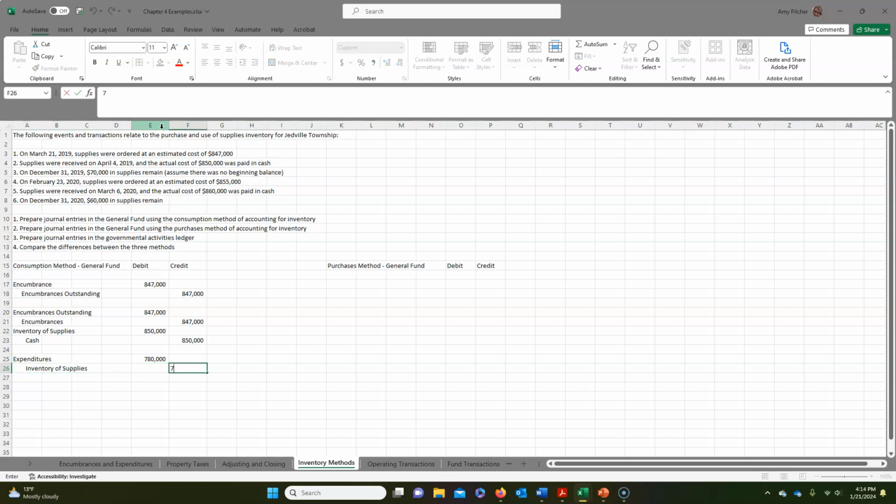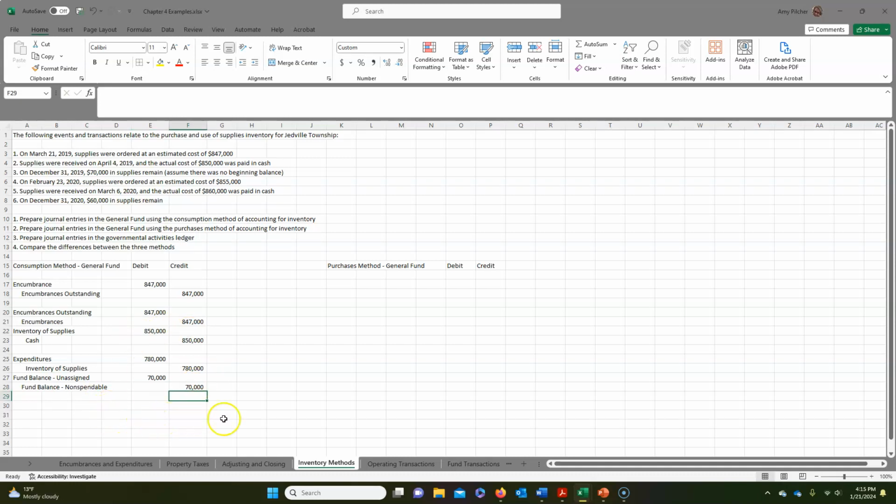So since we have $70,000 remaining of that $850,000, our supplies expense was $780,000. So now we have fund balance unassigned for a debit and fund balance non-spendable. So non-spendable because it's not cash, we have it in supplies, but it is an asset.